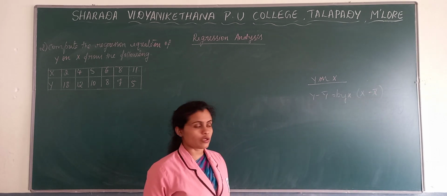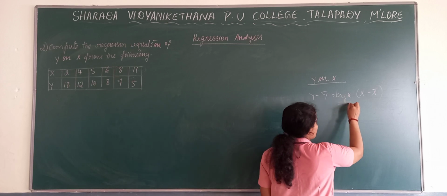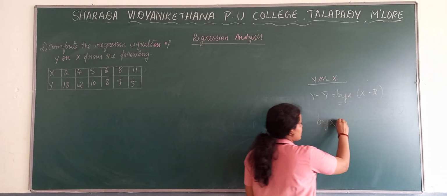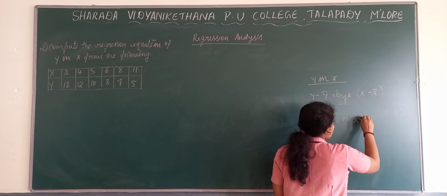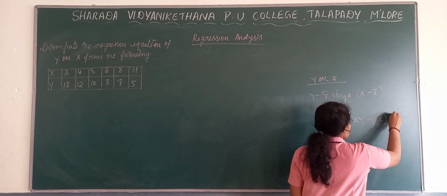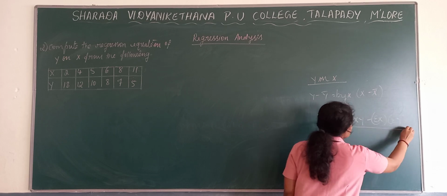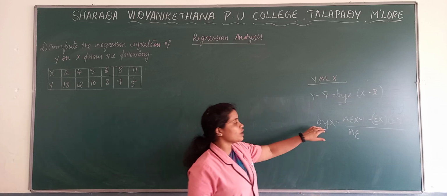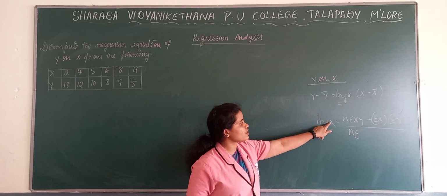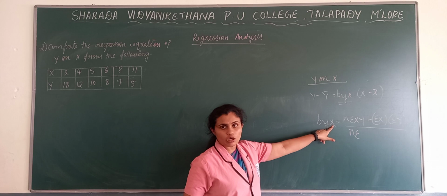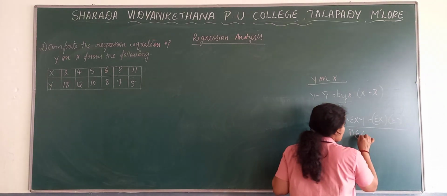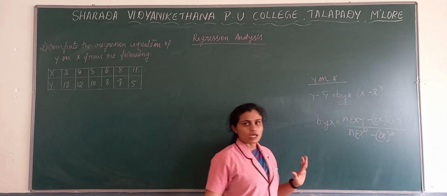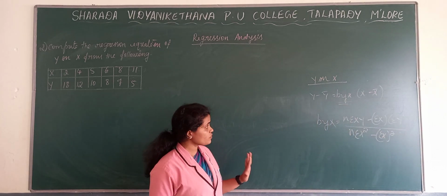So this is the equation, and then we need to obtain byx. The byx formula, to estimate the value of y for the given value of x, is n sigma xy minus sigma x into sigma y, divided by n sigma x square minus sigma x whole square. So this is the formula.